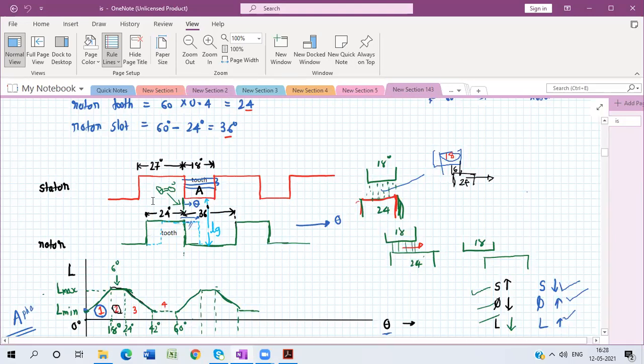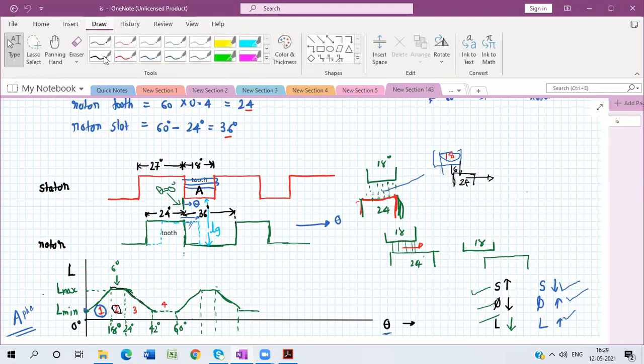To utilize the maximum alignment of the pole. See, if the rotor is less wide than the stator pole, then what happens? The flux will not be fully utilized.